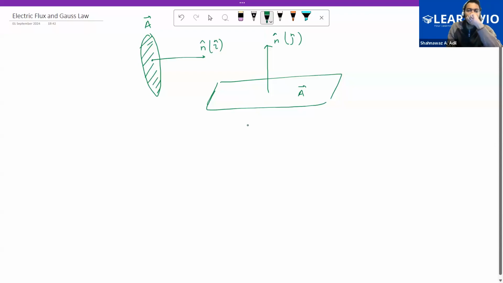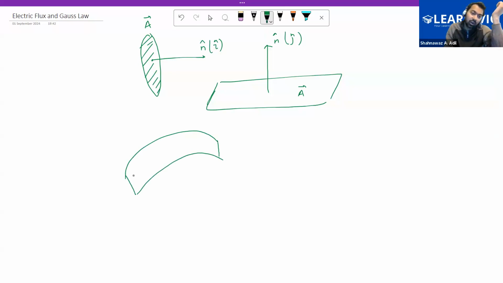Now, this is a plane surface, right? What would happen if we have a surface which is something like this one? You see that the direction of the area vector will always be changing, right?